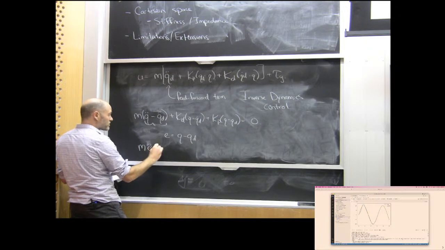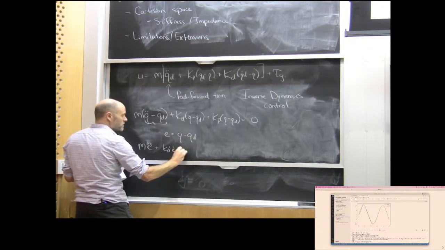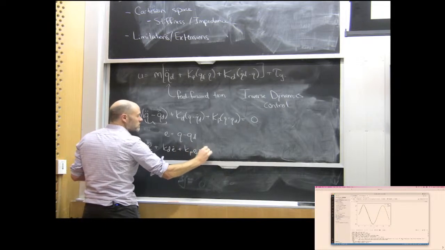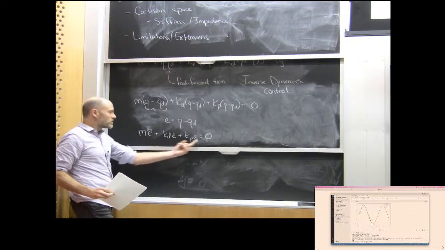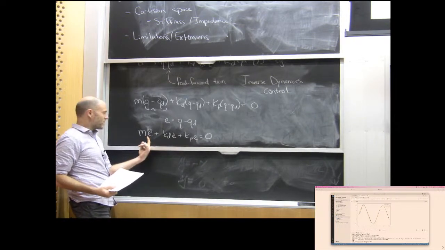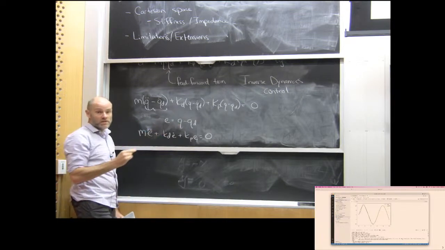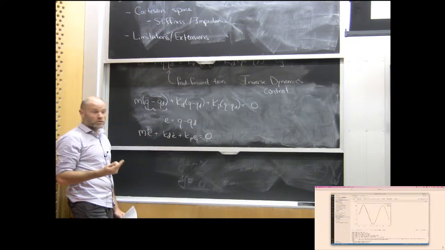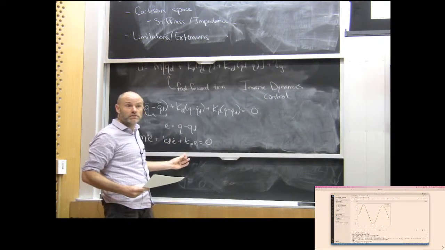I could write the same equation as just a second order spring mass damper on the error. Okay, so the error will converge to 0 and stay at 0. And that's beautiful. Okay, and that wasn't true until I put the feed forward accelerations in.